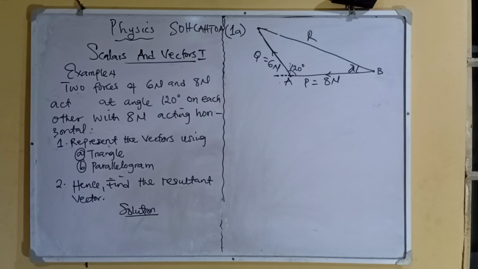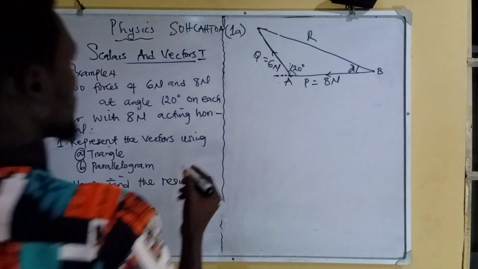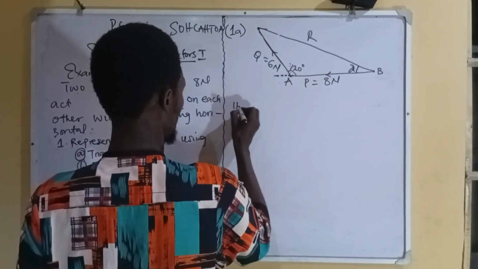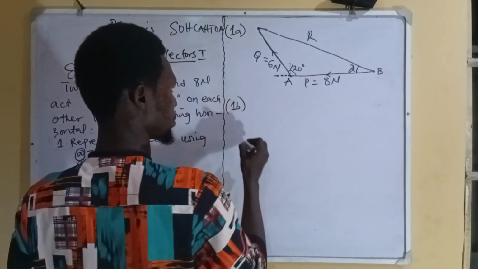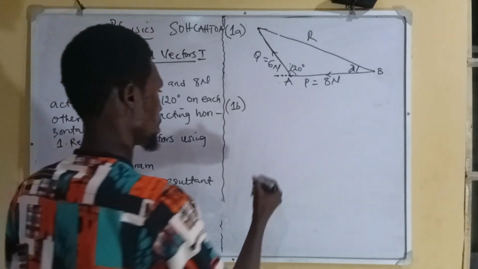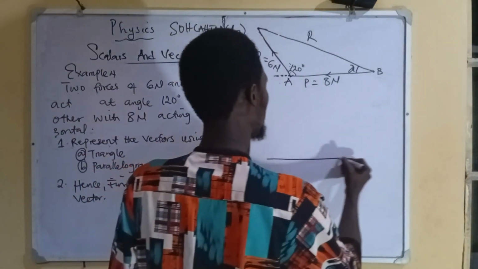The next one is to represent it using a parallelogram. If you can represent using the triangle, you will be able to represent using the parallelogram. It will be very easy. It's still the same thing.